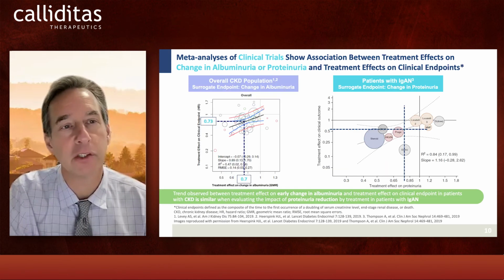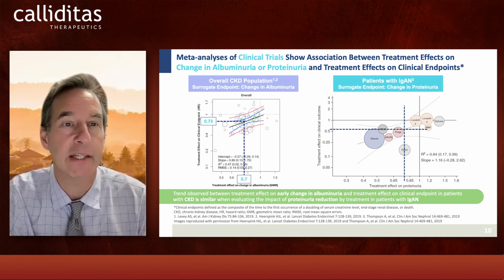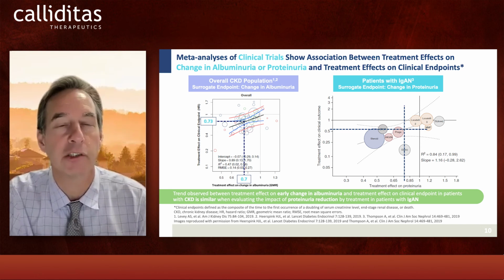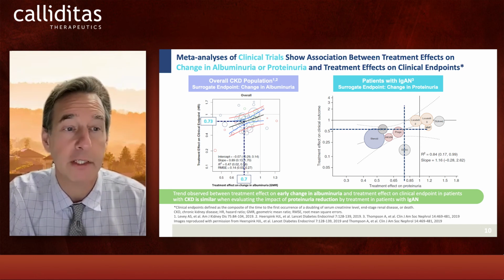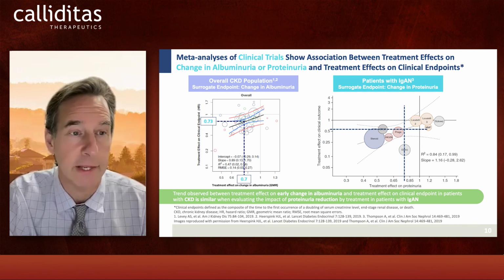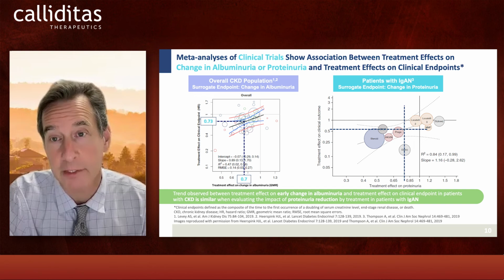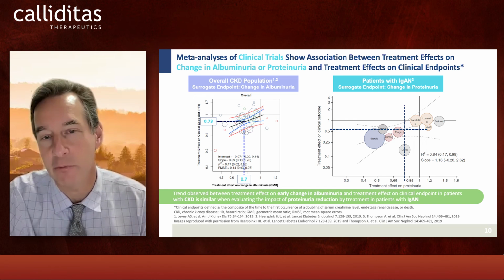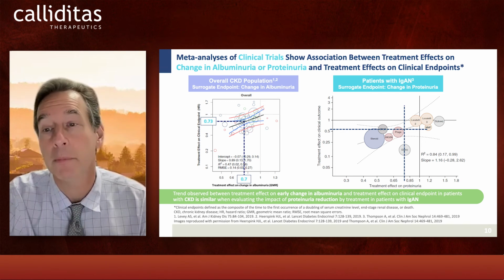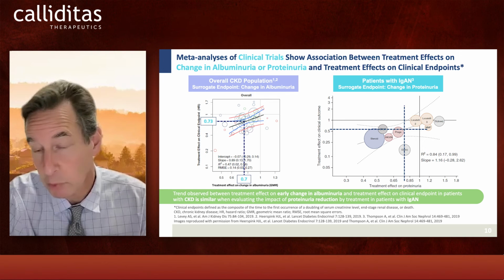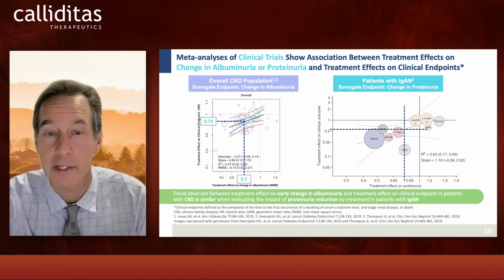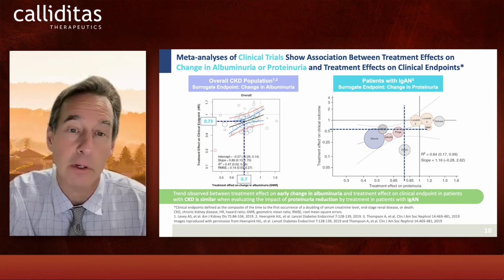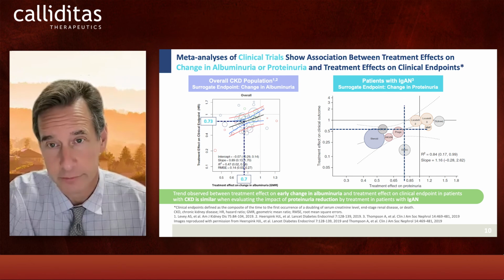And this is true in the overall CKD population, where changes in proteinuria predict ultimate strong kidney endpoints, such as loss of kidney function and need for dialysis or transplant. And on the right-hand side here, again, in IgA nephropathy, this was also true, where a predictable slope can be made between a treatment's effect on proteinuria and the outcome of kidney loss.